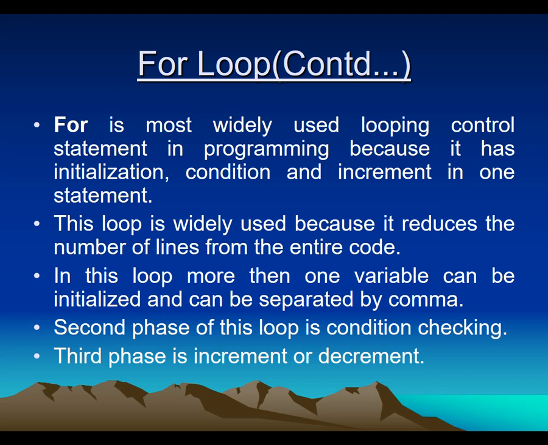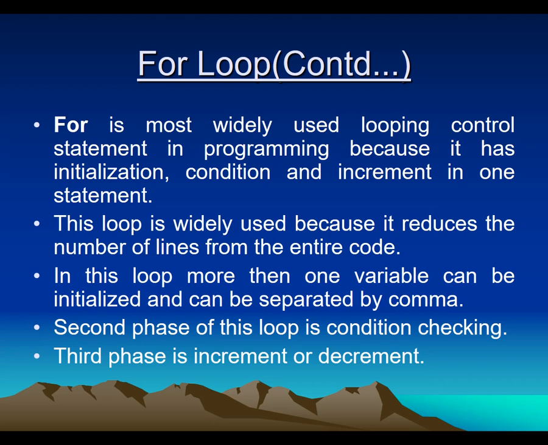But this facility is given by the for loop, that in a single line we can write initialization, condition and increment and decrement. So the total number of programming lines gets reduced and the complexity of the entire program can also be reduced.